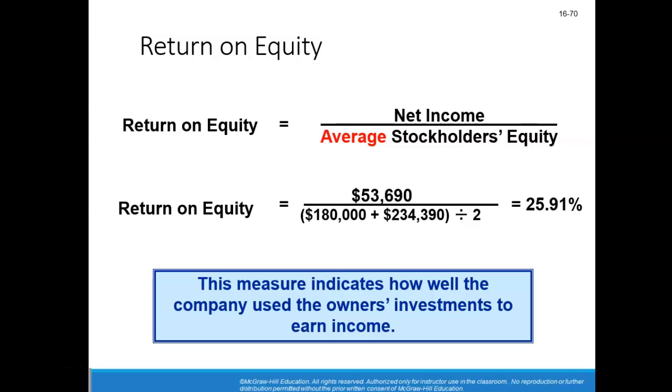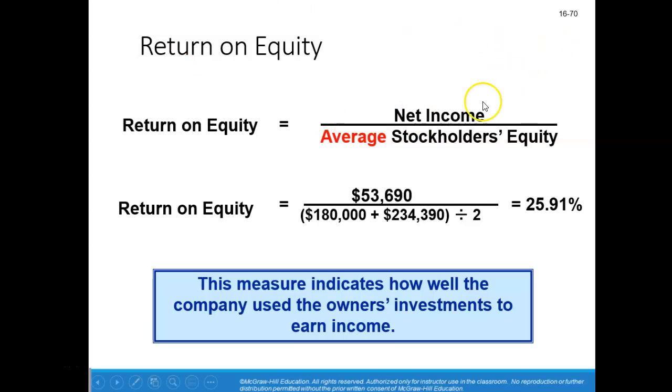Okay, a few more. Return on equity focuses on the use of stockholders' equity to earn a profit. Remember, selling shares of stock is called equity financing. It is a way of receiving money for the business.